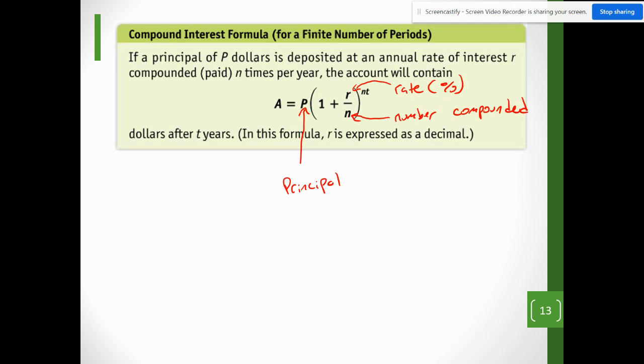So if I compound the interest twice a year, my n is 2. If I compound it monthly, so there's 12 times a year, my n is 12. There's this thing that we call semiannually, so 2 times a year, so my n is 2. So my n is how many times it is compounded in a year.